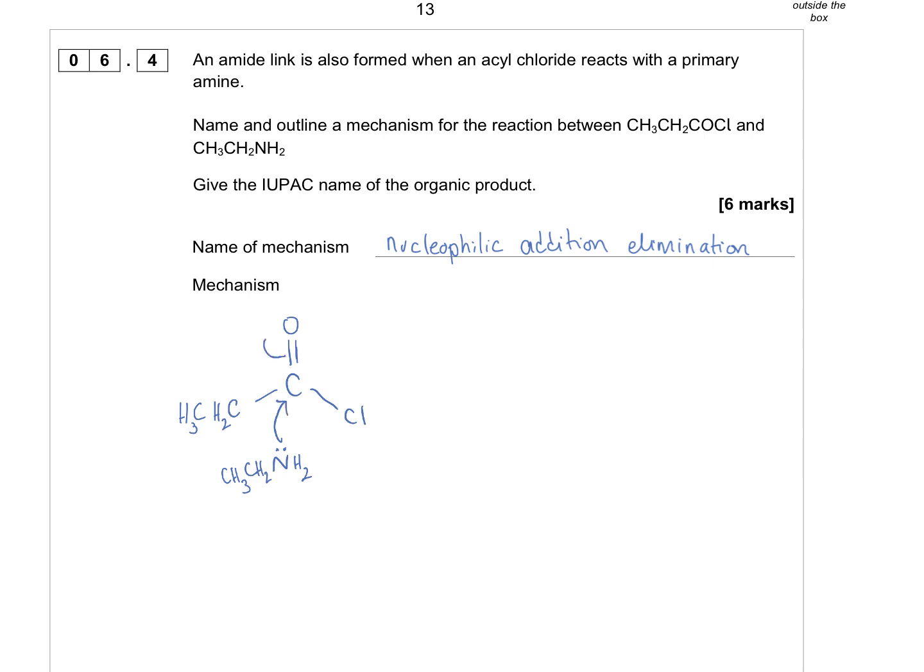And the electrons in the double bond move up to the oxygen to form a negative charge. So we'll draw an intermediate. So we've got a negatively charged oxygen, the chlorine's still there, the ethyl group's still there, and then we've got the amine attached.